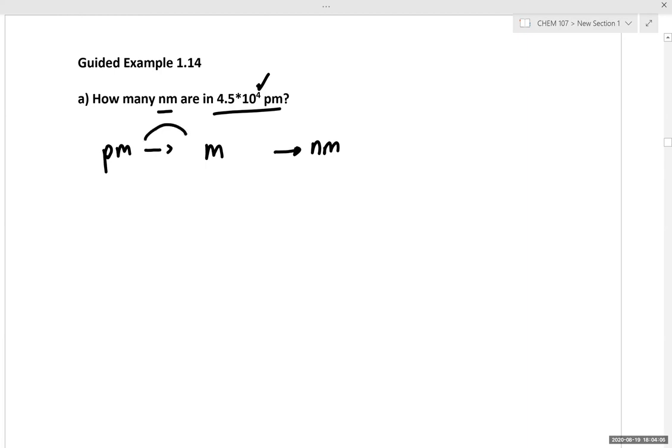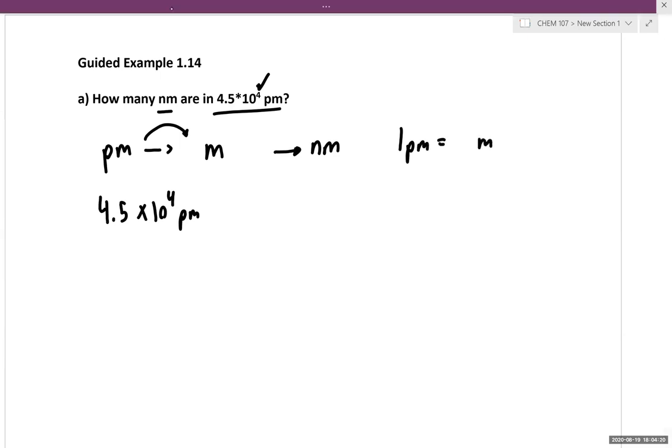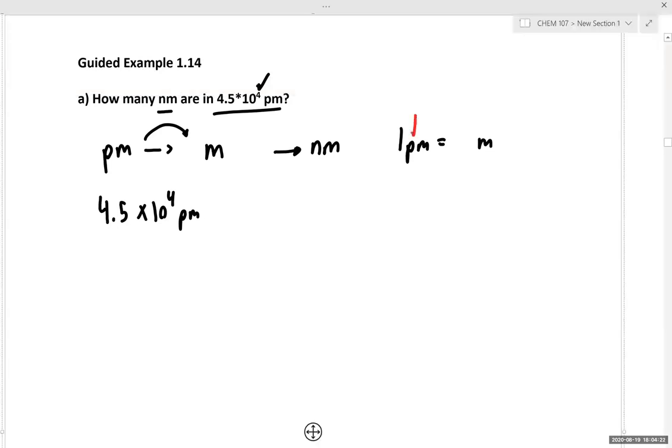So in the first step, I'm going to go from picometer to meter. So if I have 4.5 times 10 to the fourth picometer, I know that 1 picometer is equal to how many meters? I'm going to need everyone's help here. What does the pico prefix correspond to?